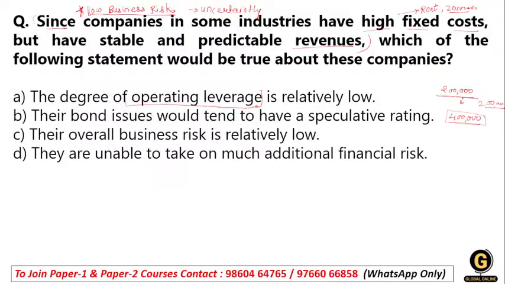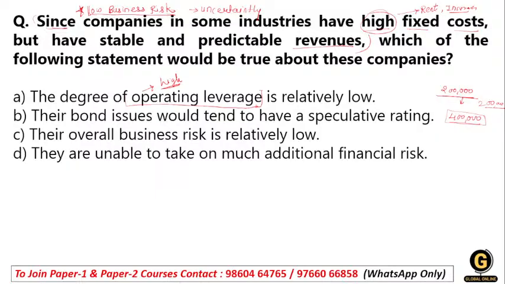So if my operating leverage is low, it means the company is facing some business risk. Operating leverage plays a very important role, because a company with high fixed cost tends to have high operating leverage, and this happens because of the high fixed cost. It is not possible that the company's fixed cost is high and their operating leverage is low.